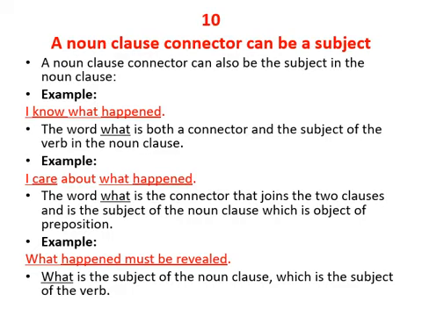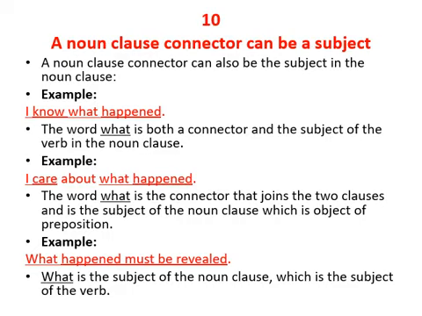I know subject verb. What happened برضه subject verb. What هنا اللي هي connector. It's a connector and a subject. I know what happened. طيب I care about what happened. نفس الحكاية. What is a connector and it is a subject as well. The word what is the connector that joins the two clauses, and it is the subject of the noun clause, which is object of the preposition.